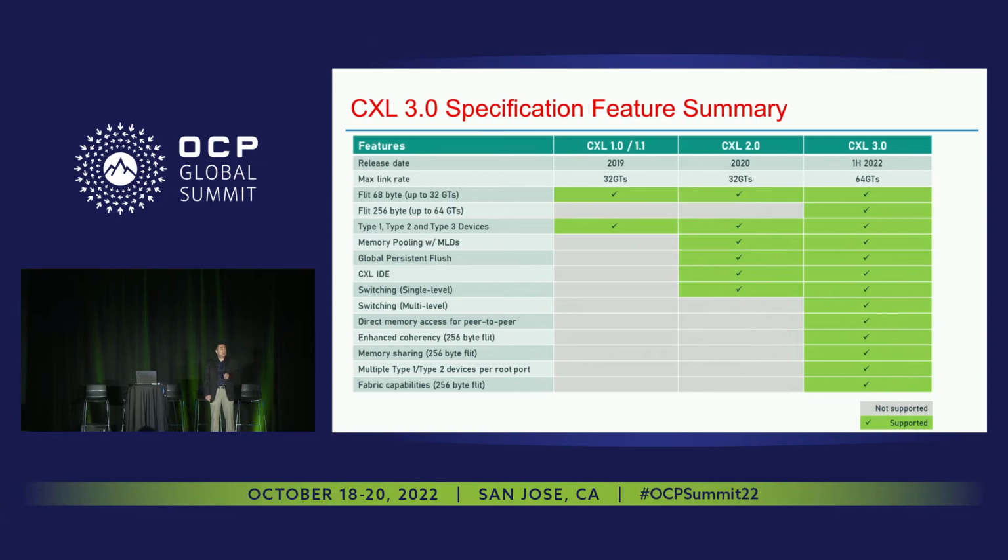Memory sharing now can happen using 256-byte FLIT. That's the capability that was possible through the back invalidate channel for snoops. And then devices can extend beyond only one CXL.cache per root port through a switch to many. So all in all, it creates a notion of a major capability through fabric.